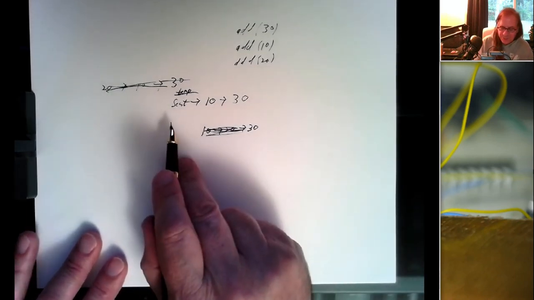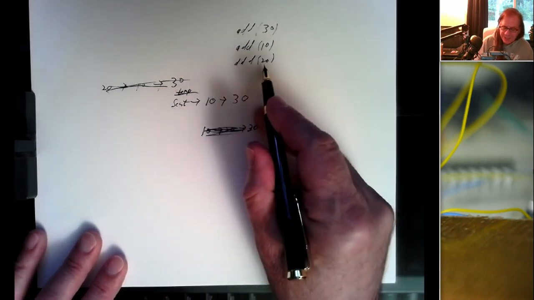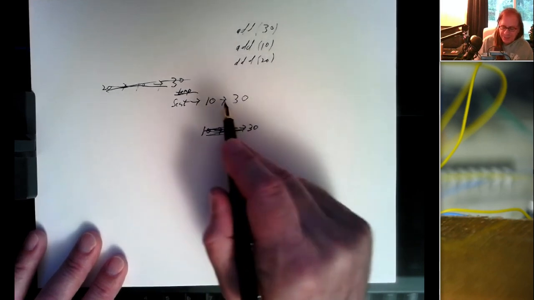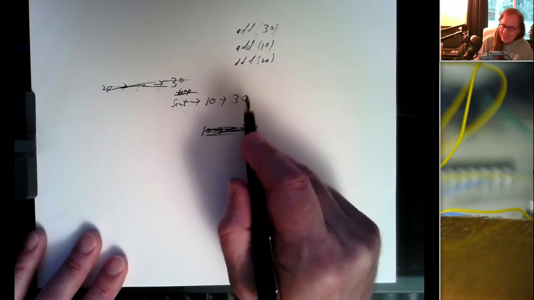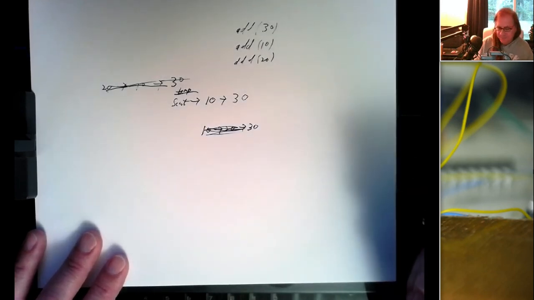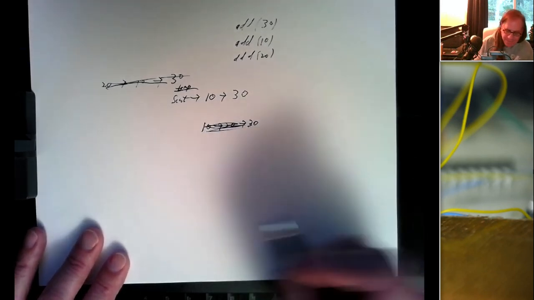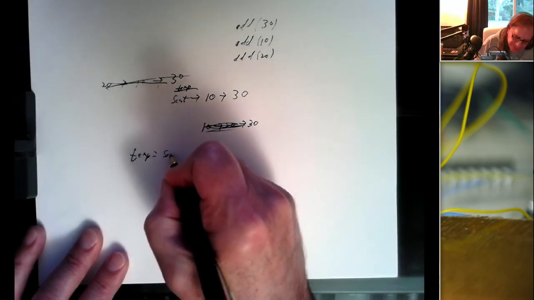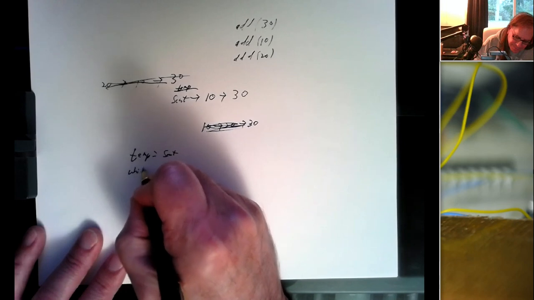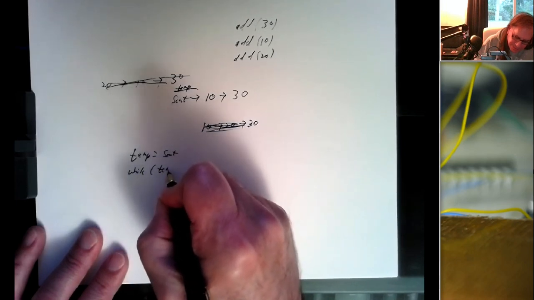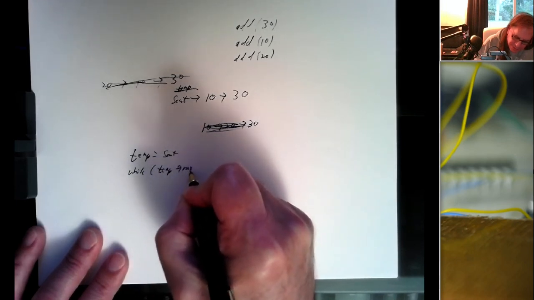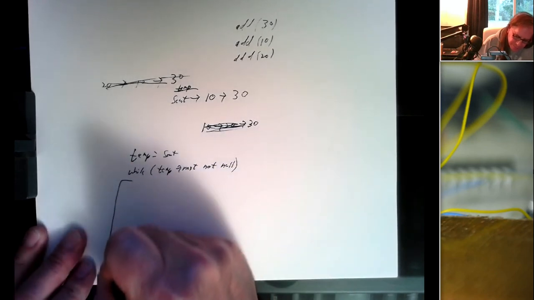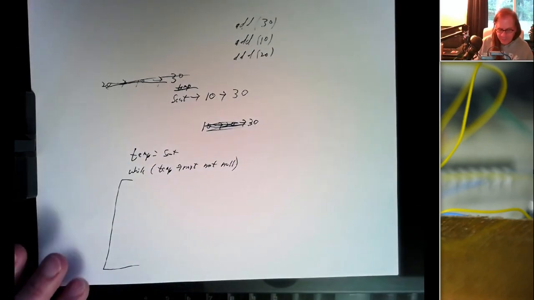And where do we know to insert our 20? Basically, when we find a node that's bigger than 20, we want to insert right before that. So we could do something like this. Temp equals sentinel, while temp next is not null. So what do we want to do?